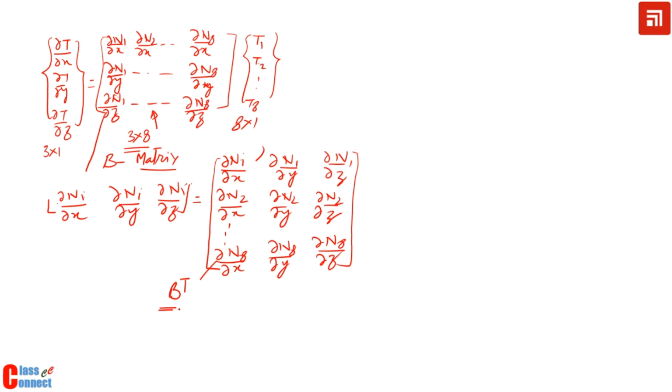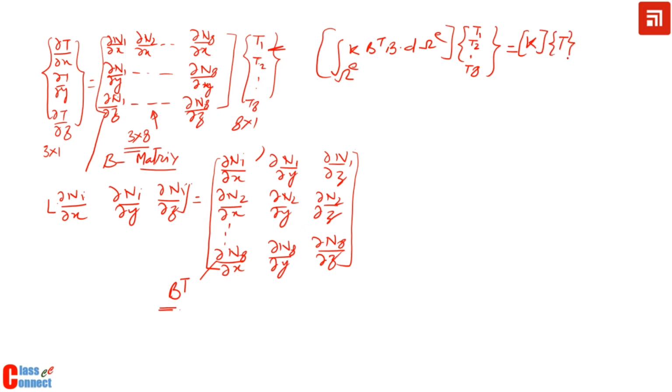So now from these two expressions, I can write the first part of the equation that we have written in our previous slides, that was k B transpose B, and finally this complete thing is to be multiplied by this vector, that is T1 T2 up to T8, or this I can write down as K matrix multiplied by this T vector.